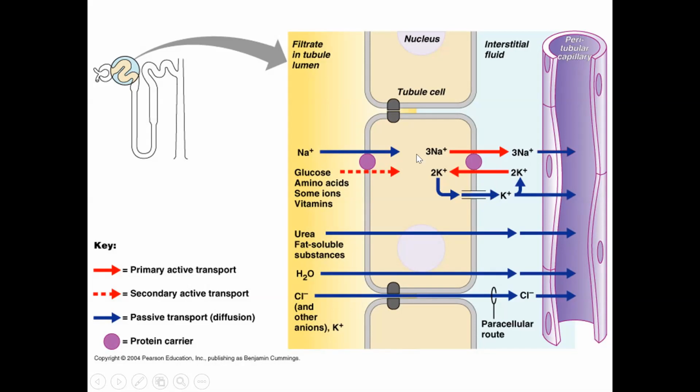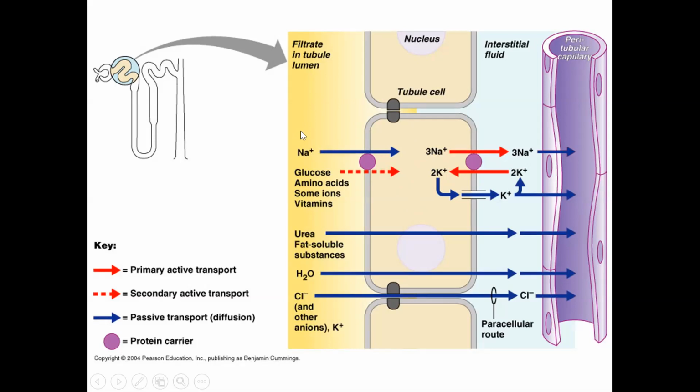So think about inside of this cell, the sodium concentration is low. This is what you want. You want to create a very low sodium concentration area inside of this cuboidal cell. This is low sodium concentration compared to the filtrate right here in the lumen.